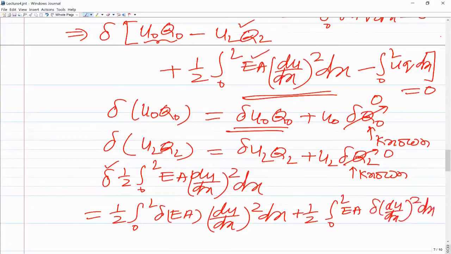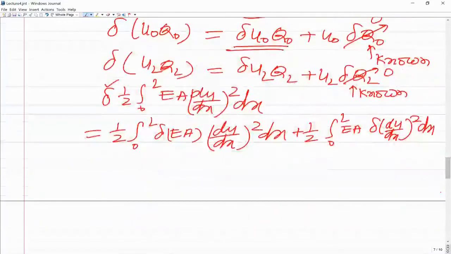So yeah, this is what you will have, right? And as I said, we are using the interchangeability of the variational operator delta with the integral and derivative operators over here. So now this is equal to, as I said, this is 0.